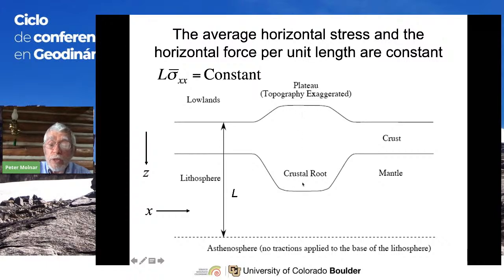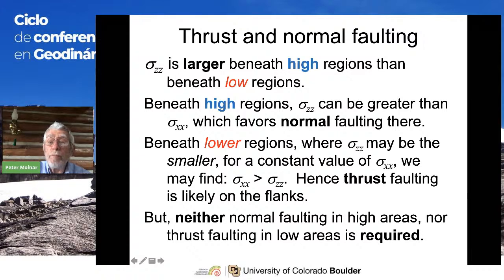So throughout this part of the region, throughout the crust to the depth of compensation, you would have the vertical normal stress possibly, I'm not going to say definitely, but possibly larger than the vertical normal stress over here. Or sorry, the vertical normal stress is greater in this area than it is over here because of that greater height. So sigma zz is larger beneath high regions than beneath low regions. This is inescapable because air has a much smaller density than rock.